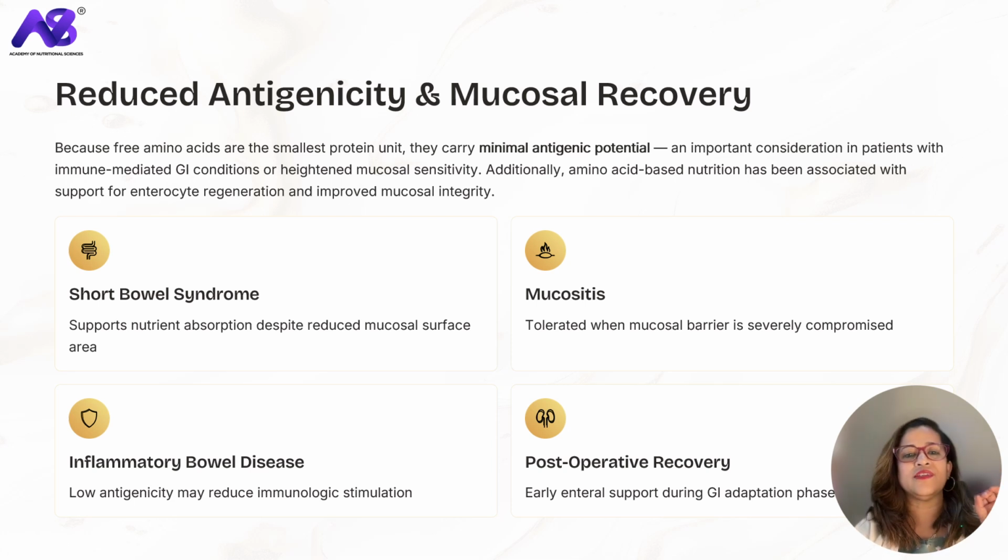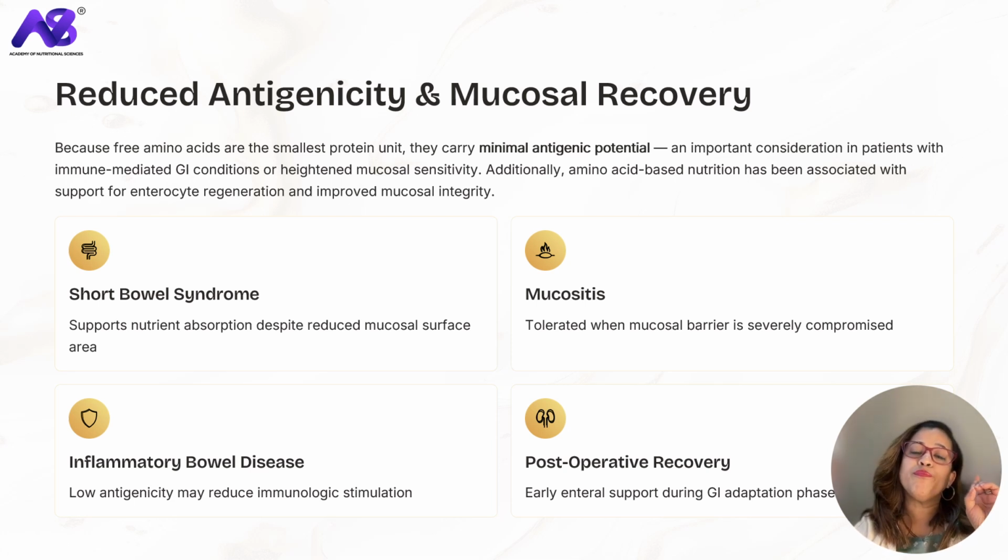Another good candidate for elemental nutrition is patients who have inflammatory bowel diseases, maybe Crohn's or ulcerative colitis, which cause chronic inflammation of the intestine. In IBD, free amino acids have low antigenicity and reduce the chances of stimulating the immune system, and therefore they help decrease gut inflammation.